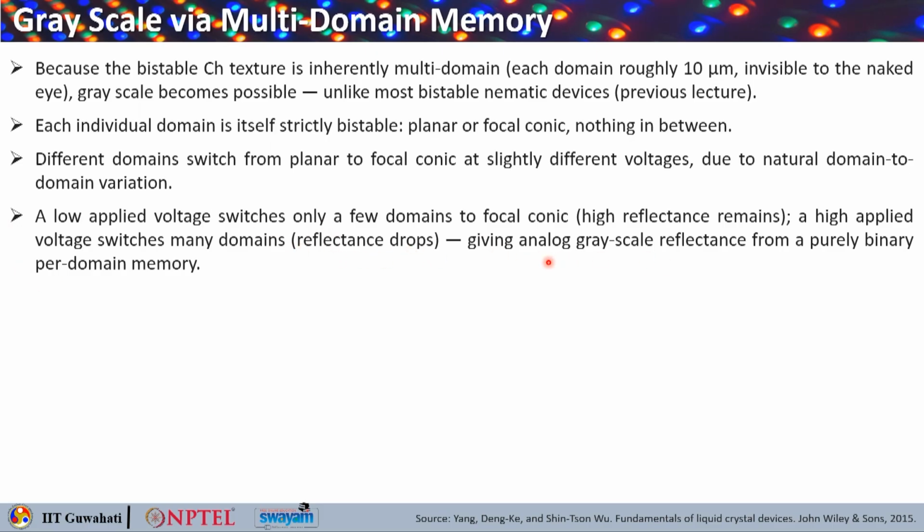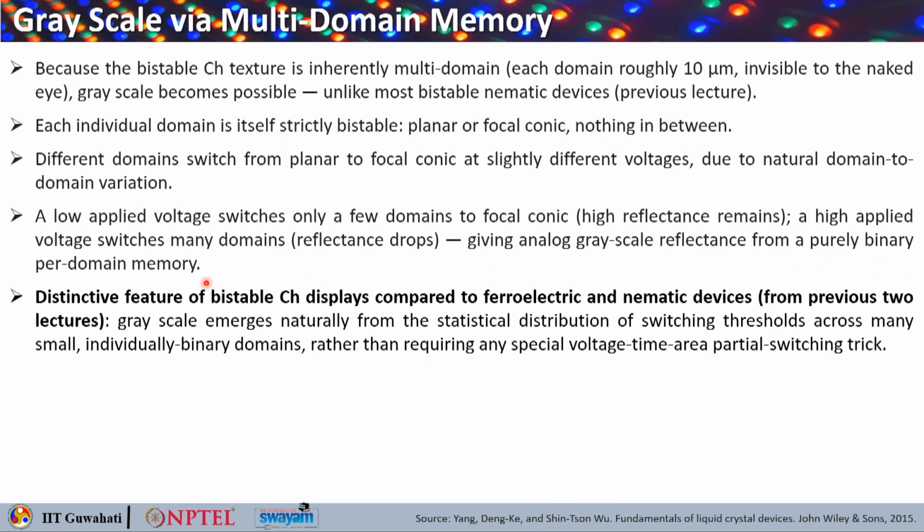That is how it gives an analog grayscale reflectance, achieved from purely binary per-domain memory. Each domain is only binary, either planar or focal conic, but the multi-domain arrangement gives you the grayscale reflectance levels.